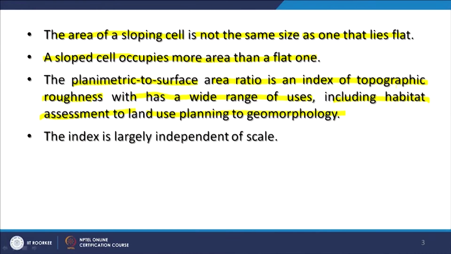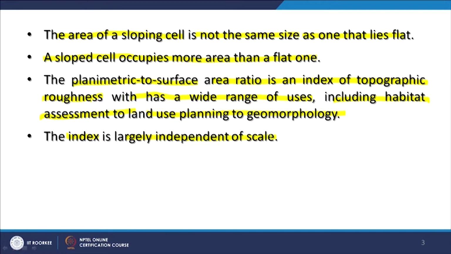And obviously, quantitative geomorphology can provide direct inputs to various models which are used for estimation of flood inundated areas or snow melt runoff or many other things. Now, this topographic planimetric to surface ratio, which we can also call an index, is largely independent of scale.